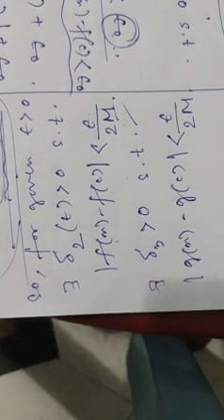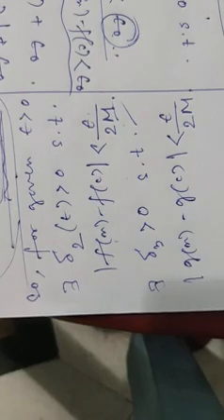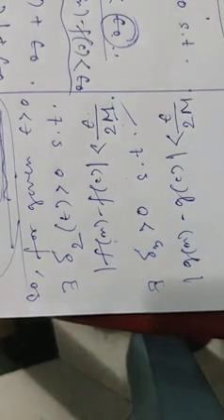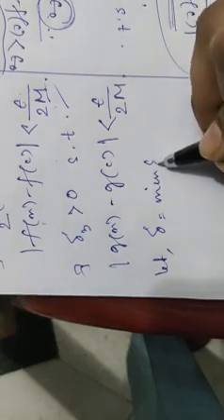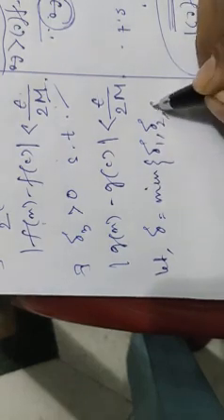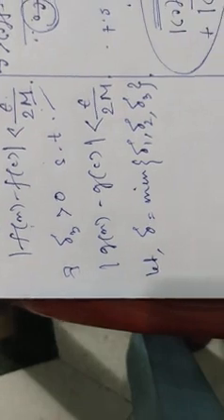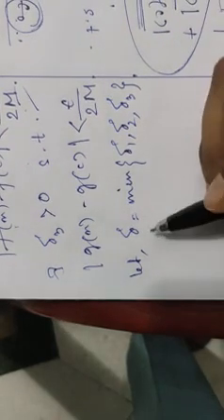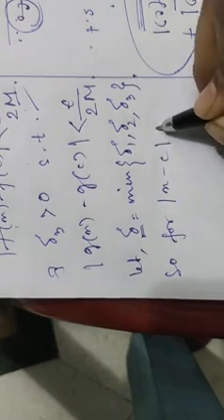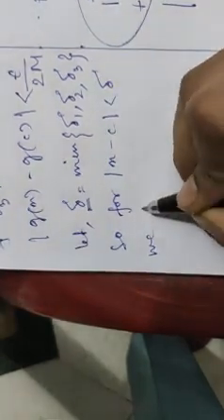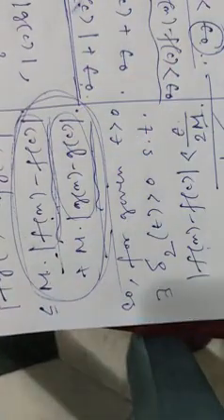Okay, now what we have to do? We have to take the minimum of all such delta 1, delta 2, delta 3. So let delta equal the minimum of delta 1, delta 2, delta 3. Then all the inequalities hold for that delta. So for |x minus c| less than delta, we are using these two inequalities over this inequality here.